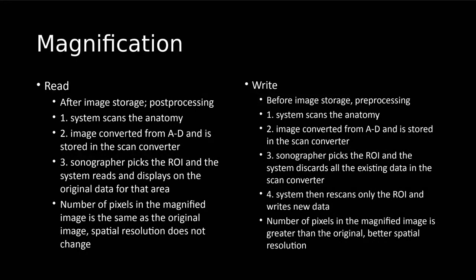So all of that previous pre-processing information that it had is now going to be erased, and it's only solely going to focus on rescanning that zoomed in area that you picked, and it's going to be writing new information as you're scanning that area zoomed in. So the number of pixels in that magnified region of interest is going to be greater than the original number, and you're going to have better spatial resolution in that zoomed in region while you are still live scanning.